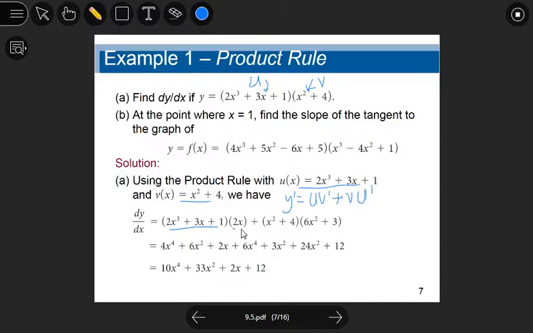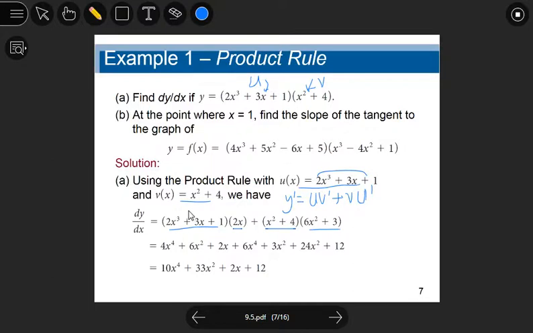So it is 2 times x, and then this is the function v, and then this is the derivative of this u(x), u prime. So it becomes 6x plus 3. So now you have to algebraically simplify this given expression, and this is your final solution. Actually in an exam also you have to calculate up to the last step.